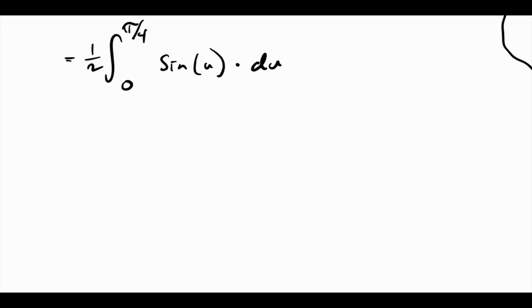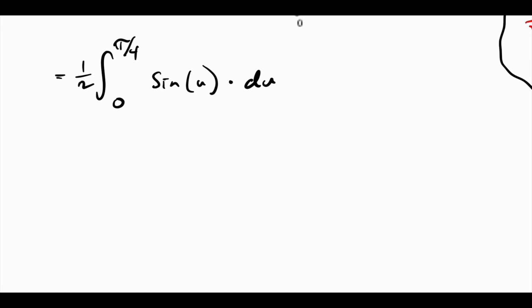Okay. I'm not worried about the bounds right now. Bounds are meaningless to me right now. All I'm looking at is this. What is the antiderivative of this? What's the antiderivative of sine? Cosine. Okay. So then you're going to rewrite it.